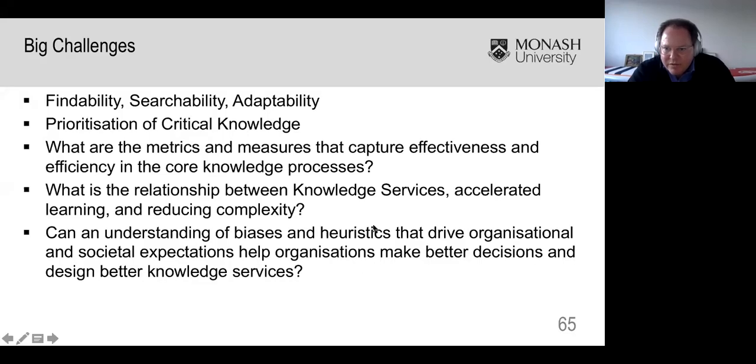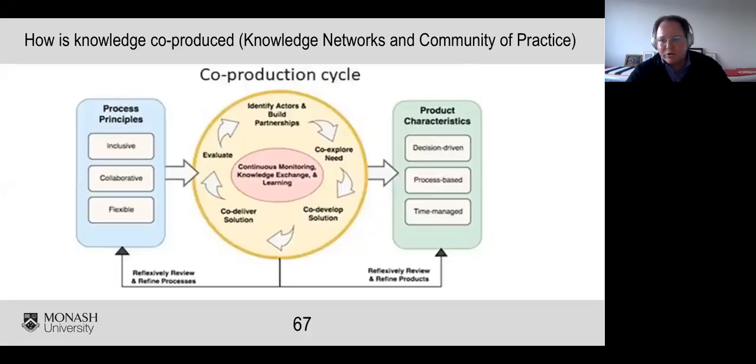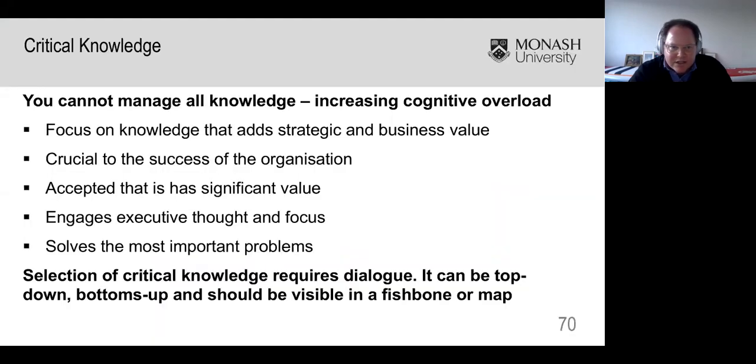Okay, so those were the high-level ones for NASA, right? And then we had here as well knowledge networks and communities, from a global perspective as a co-production cycle set. Now, the next slide deck is about how to identify the critical knowledge in organizations.